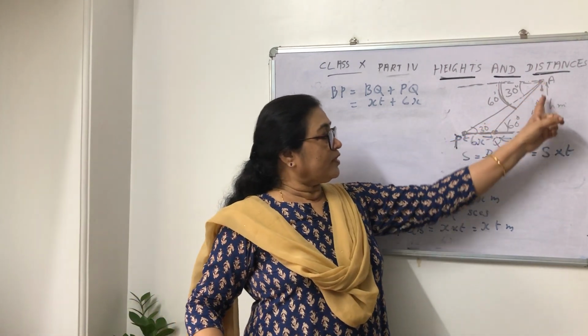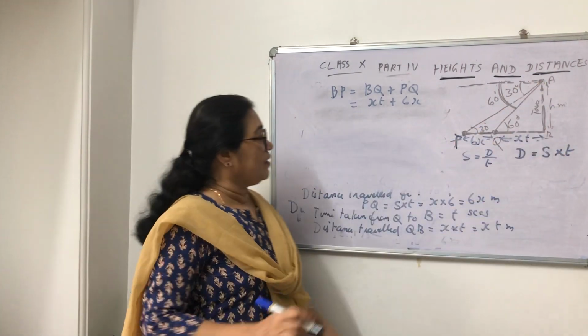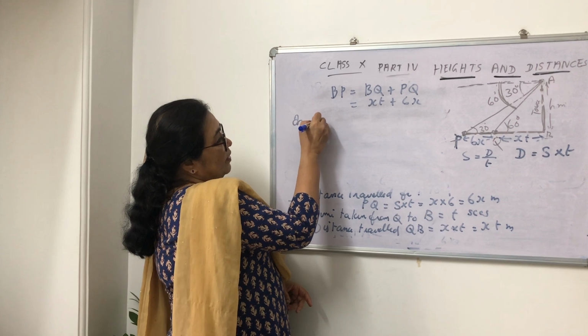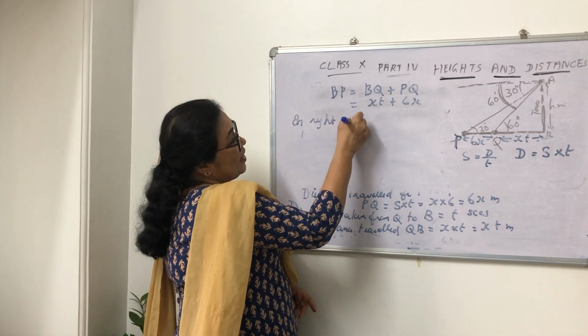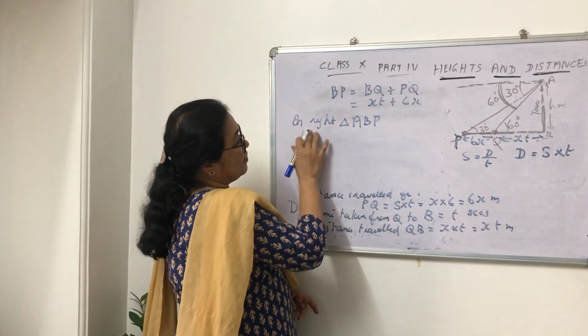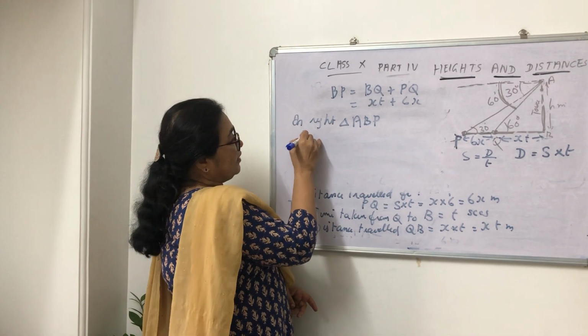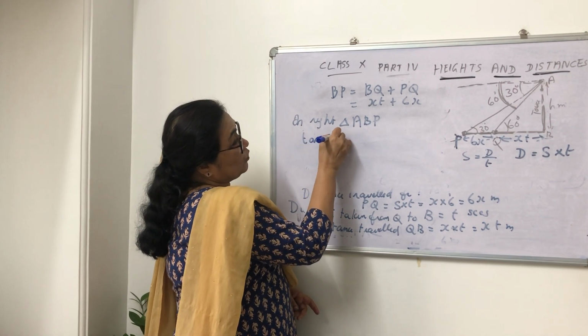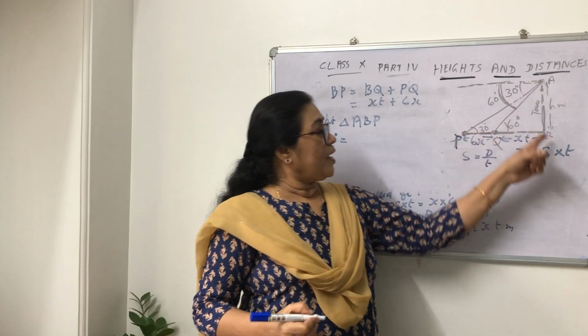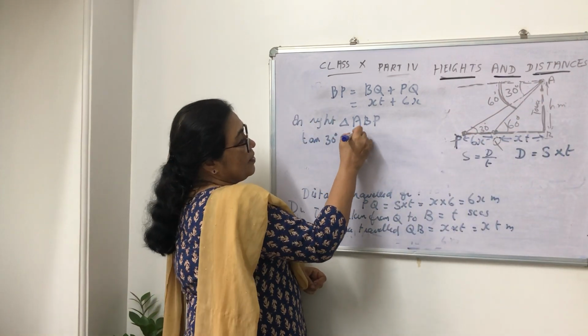In right triangle ABP, tan 30 is equal to AB by BP.